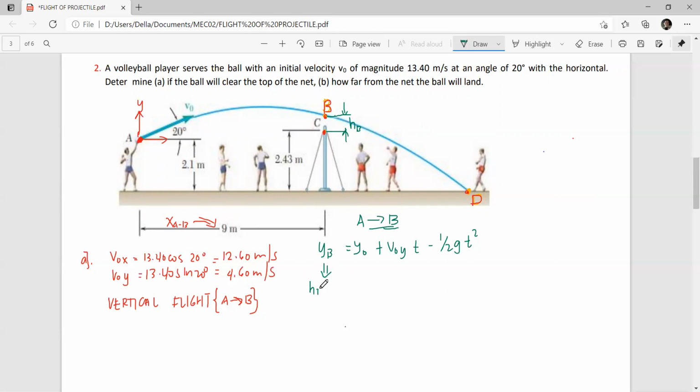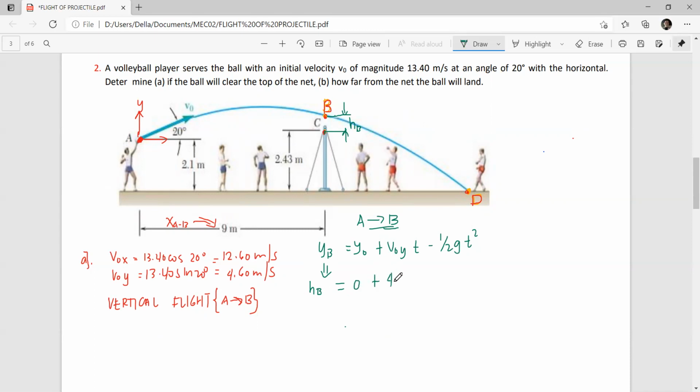That determines whether the ball clears the top of this pole or the net. So if it's past the point B, it clears the net. If the ball hits the point C, it will not clear the net. So the location of the ball at point A is 0 plus V0Y.